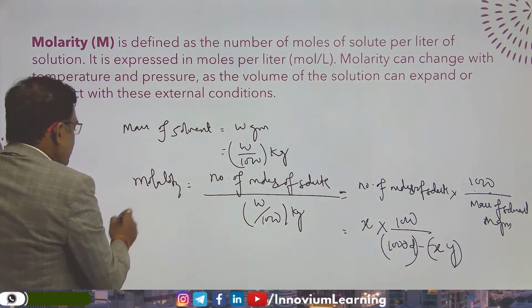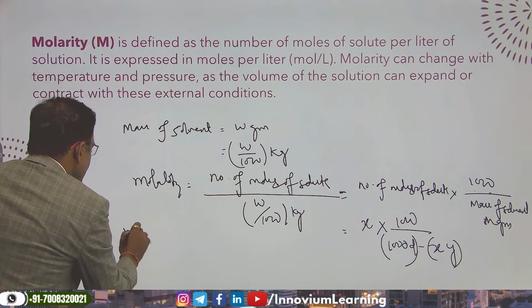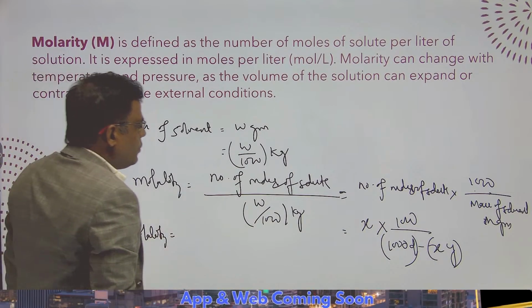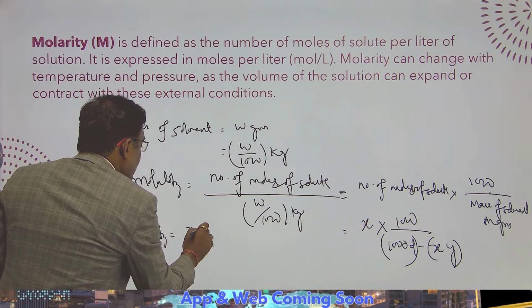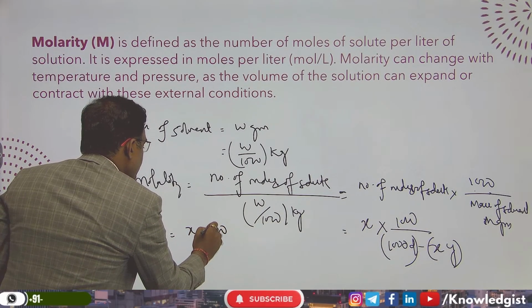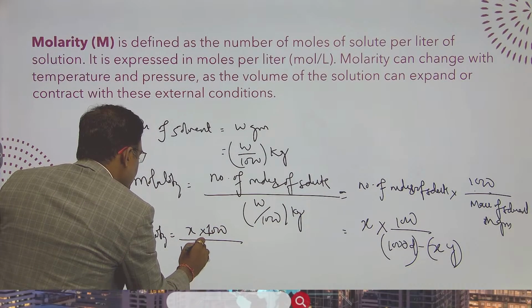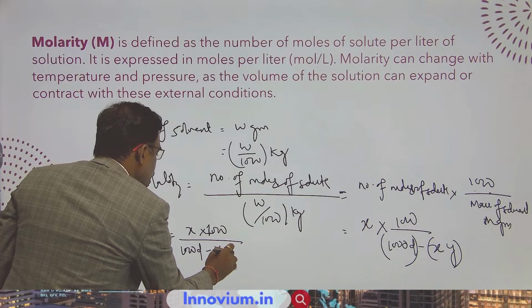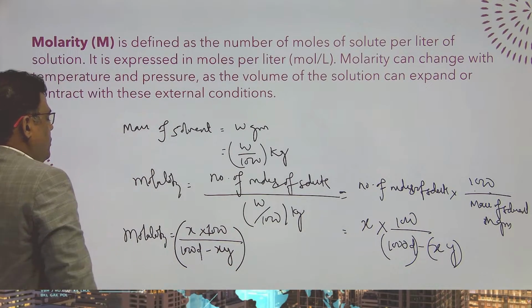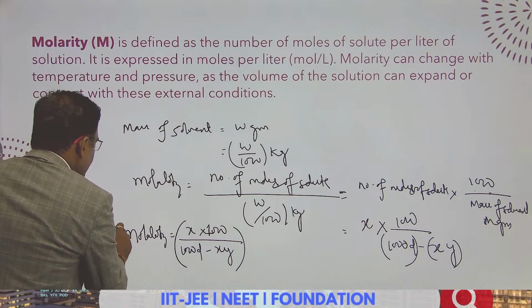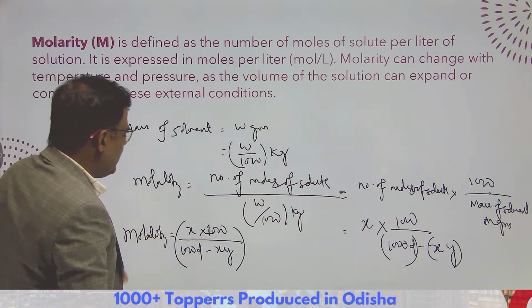So finally, what we are getting here? Molality is equal to x into 1000 divided by 1000 d minus xy. We can simplify this further. How? This molality in short can be written as small m, correct?